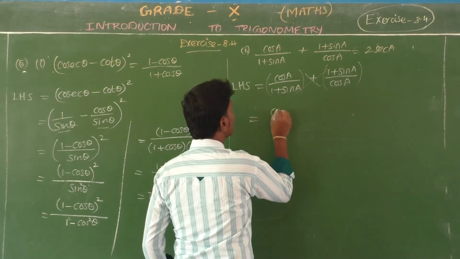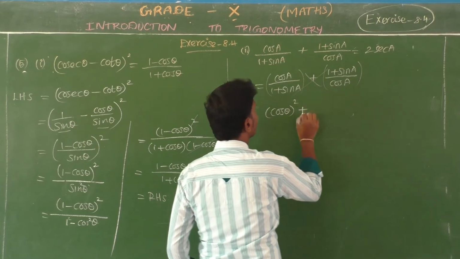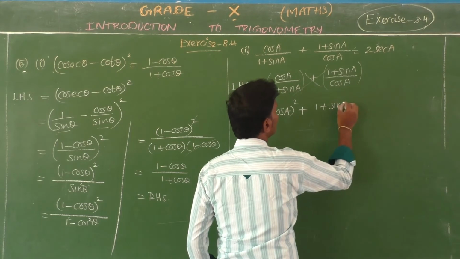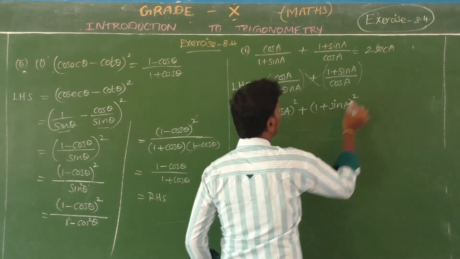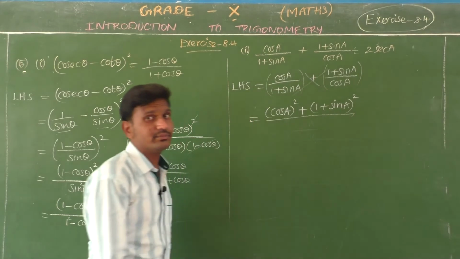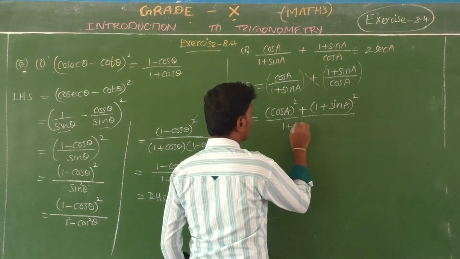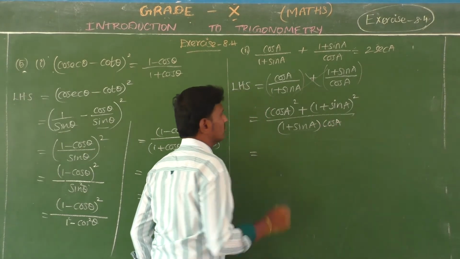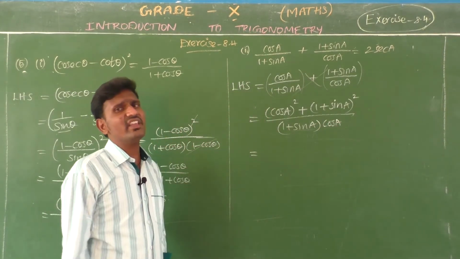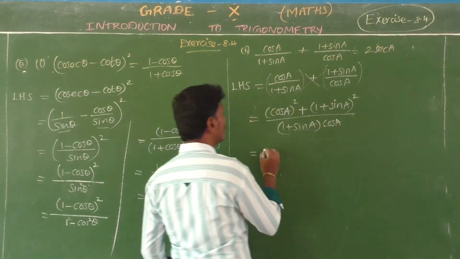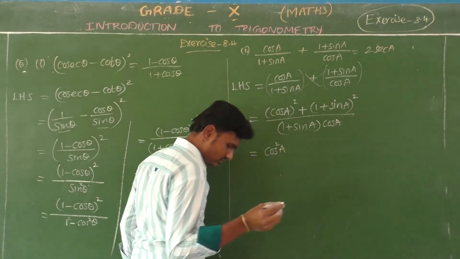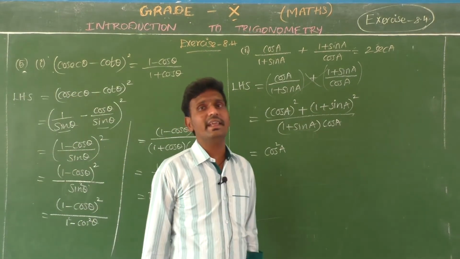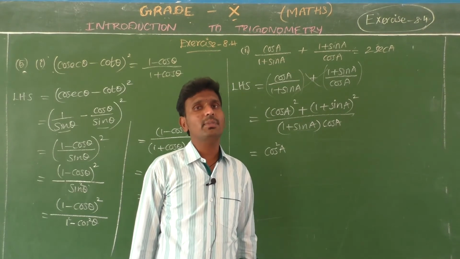So cos A the whole square plus (1 plus sin A) into (1 plus sin A), that is (1 plus sin A) the whole square, the whole divided by (1 plus sin A) into cos A. Now cos A the whole square means cos square A. Next, (1 plus sin A) the whole square is in the format of (A plus B) the whole square.